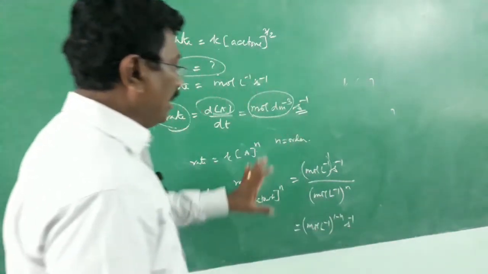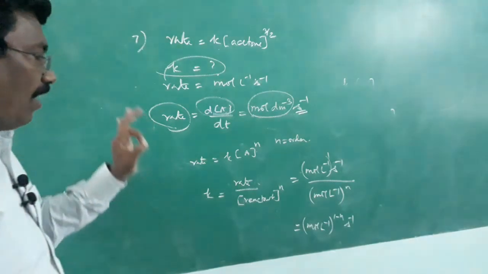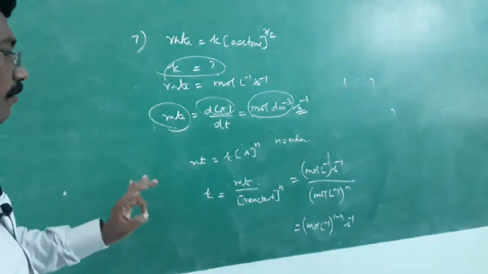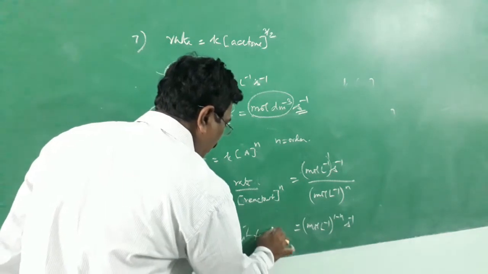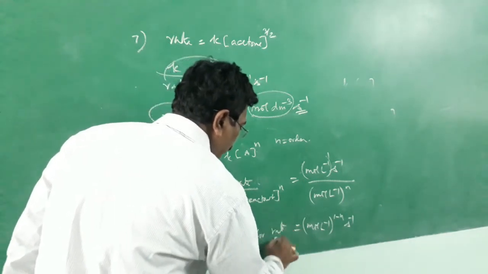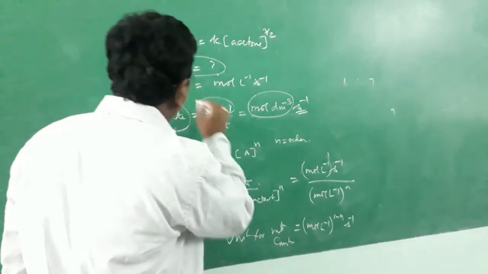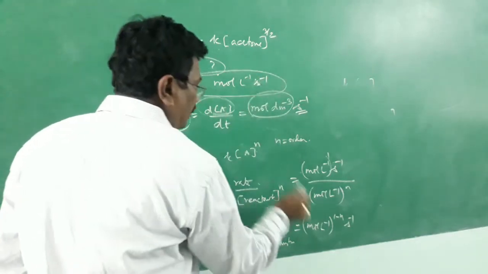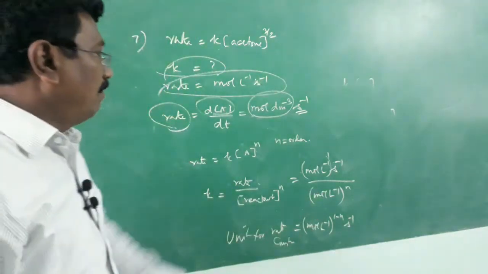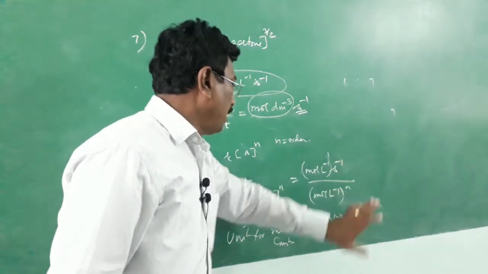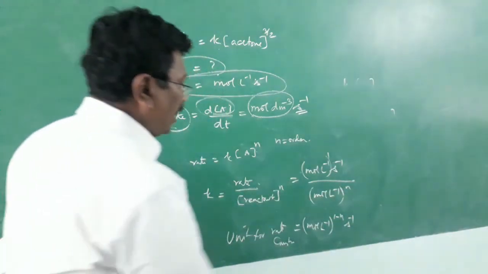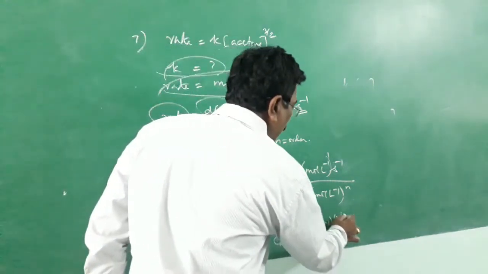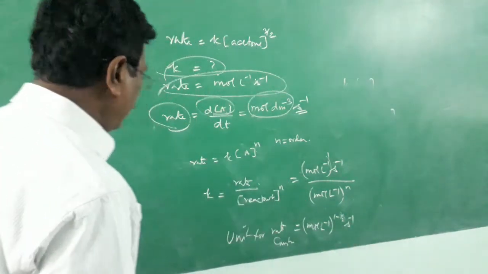Likewise, you will get the general formula to find the unit for rate constant of any order reaction. Rate is always this one, 1 here, and when the concentration goes over to the numerator, minus 1. Since the order happens to be 3 by 2, we have to place 3 by 2. That's all, you'll get the answer. What is it?